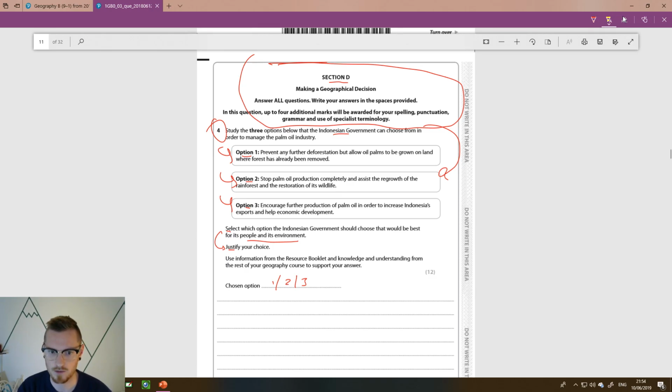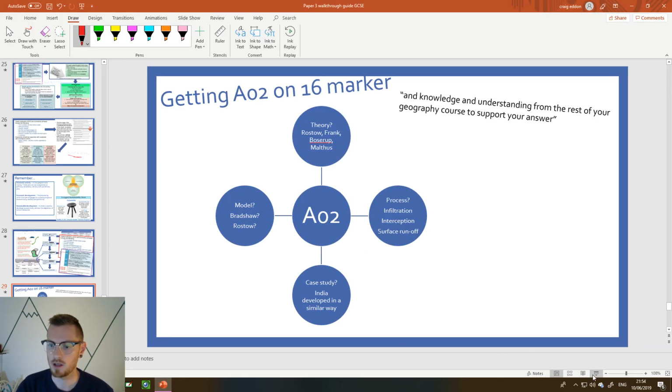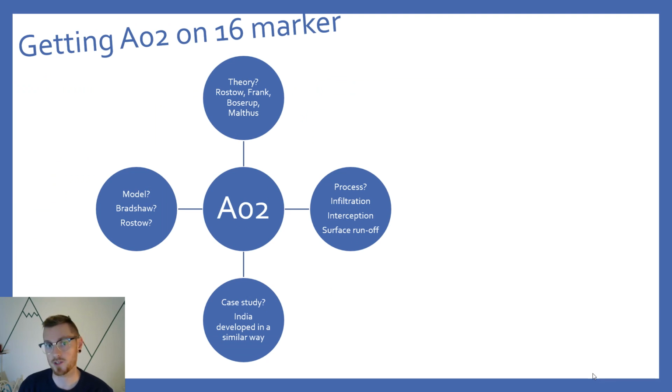Last thing it says, use information from the resource booklet. That's AO3, AO4. That goes into your evidence section. And then it says, and understanding from the rest of the geography course to support your answer. That phrase has been in the specimen, SAMs, and in June 2018. So it wants you to put in your answer information from other topics.